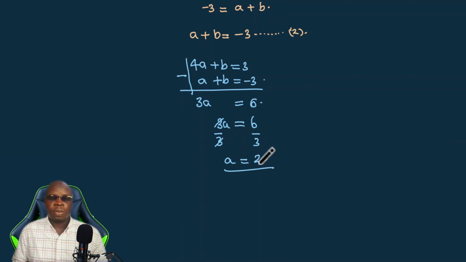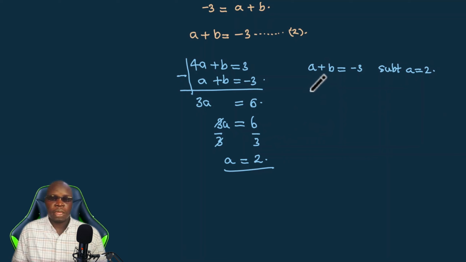Now, we need the value of b from any of these two equations. Now we can say from here, we can take maybe equation number 2, and that is a plus b equals negative 3. Now here we'll substitute a equals 2 in this equation number 2.